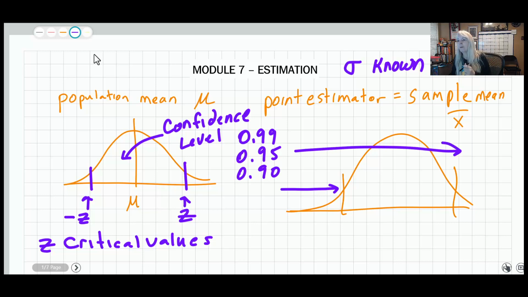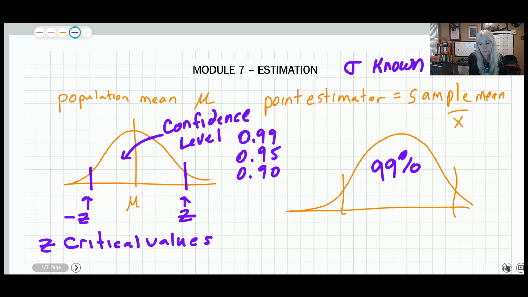You have to be careful when, let's say for example, I want a 99% interval. That's my 0.99. As we know, all probabilities have to add to 1. So what's in this area and this area right here?